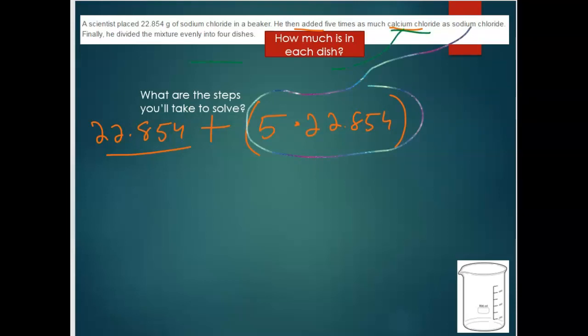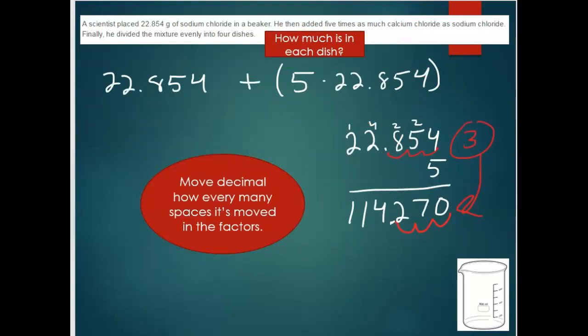So there are 2 steps here, right? We need to multiply 5 times that and then add it to that. Let's look at that. The first thing I'm going to do is multiply 5 times 22 and 854 thousandths.